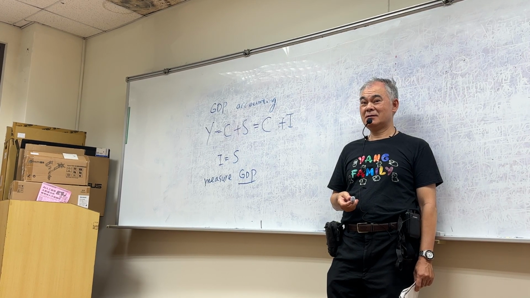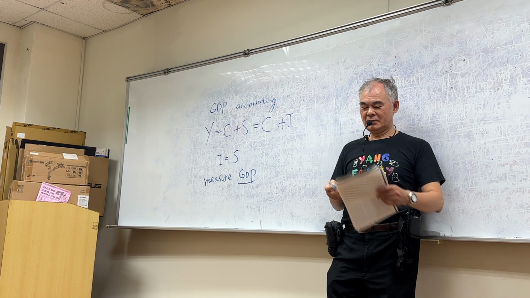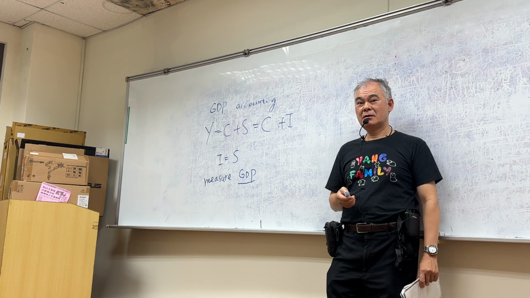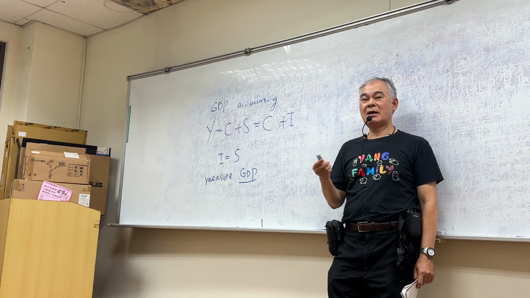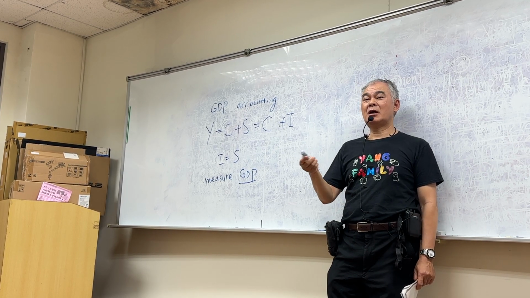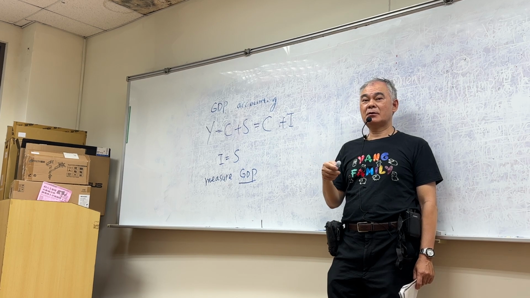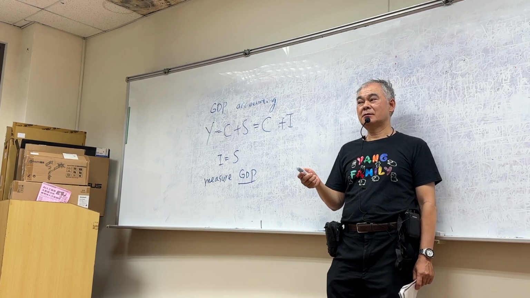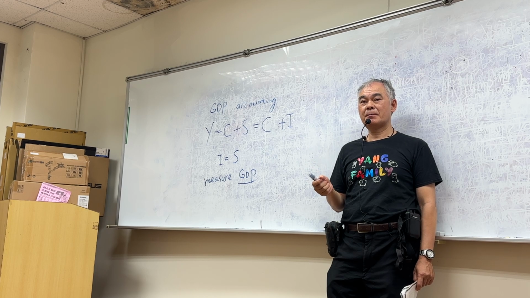Yes or no? Yes. 李博彦, if Luxogen or say GM, Toyota, whatever, they go to the market to buy steel, is that transaction counted as part of GDP? Not really. Okay, so why?